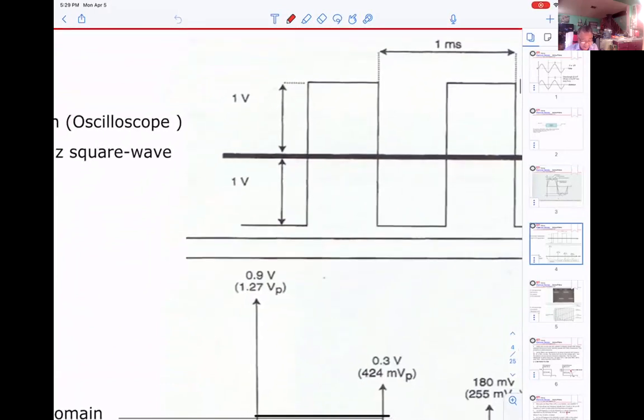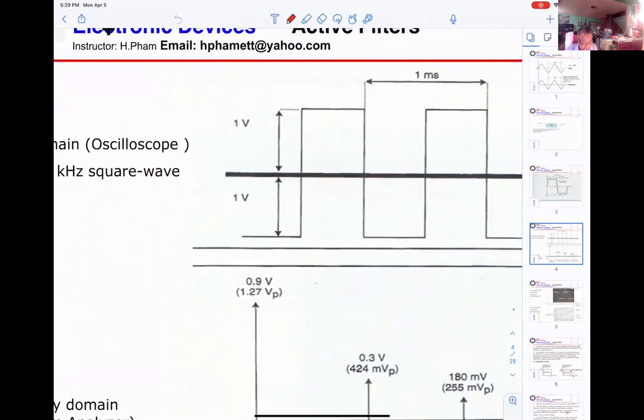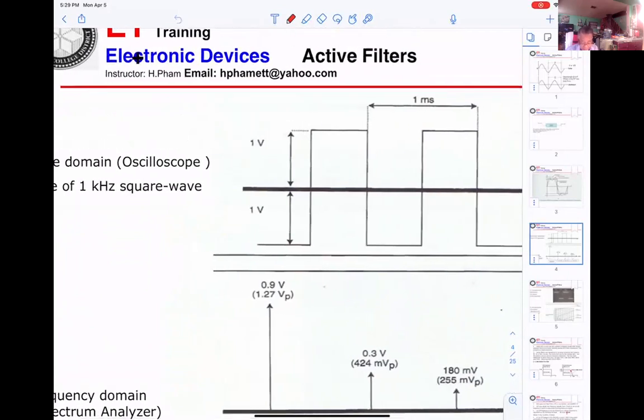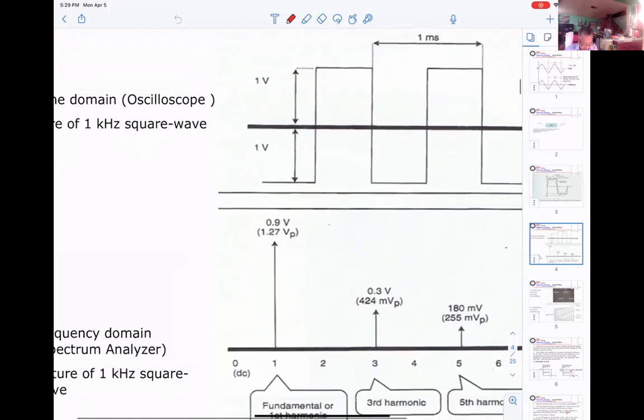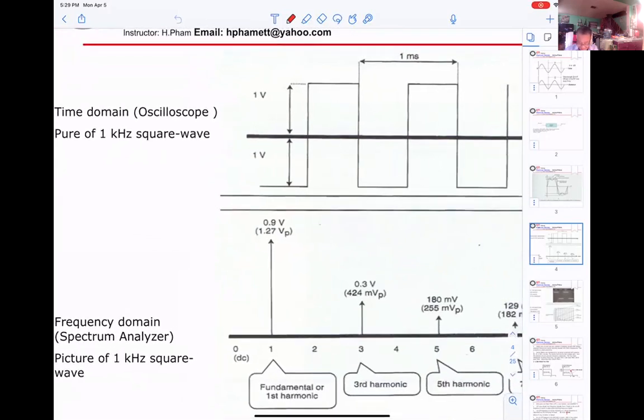And this is displayed for you to see on the oscilloscope. You can see a 1 kilohertz square wave, and at the same time they display the 1 kilohertz square wave on the spectrum analyzer.